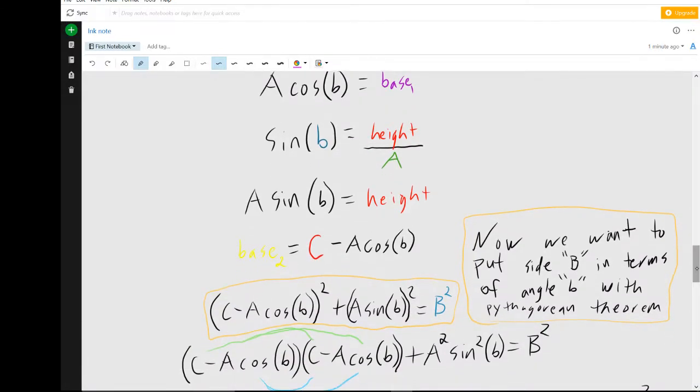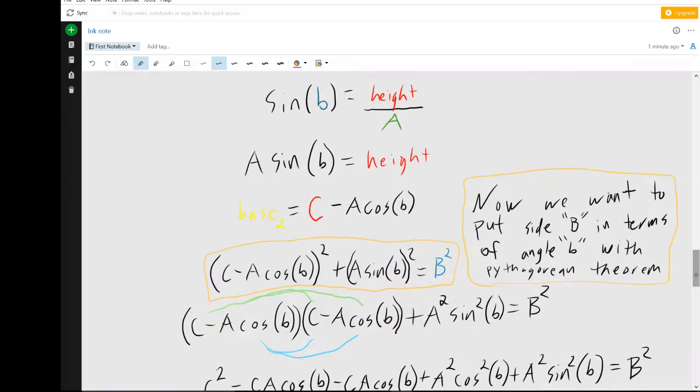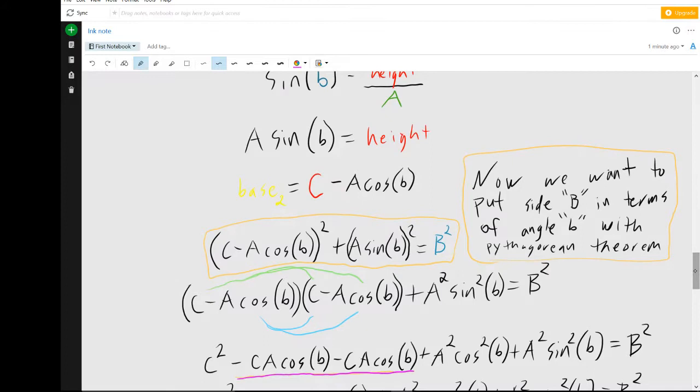Now I want to put the side b in terms of angle b with the Pythagorean theorem. So we have our two sides, and we know that the hypotenuse is b squared. So we don't really need to go back up to that triangle anymore to observe it. We're going to take this base 2 that we have.